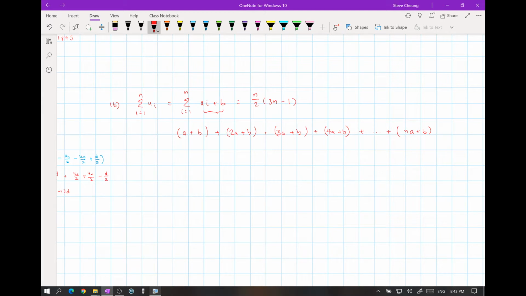Then this, if I use the S-term formula, will be n over 2 times the first term, u1, plus the last term. So let's simplify this a little bit. So this will be na plus a plus 2b.